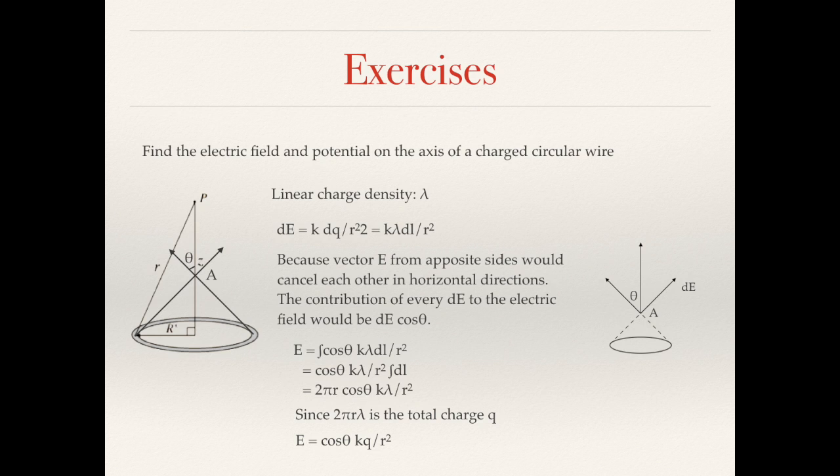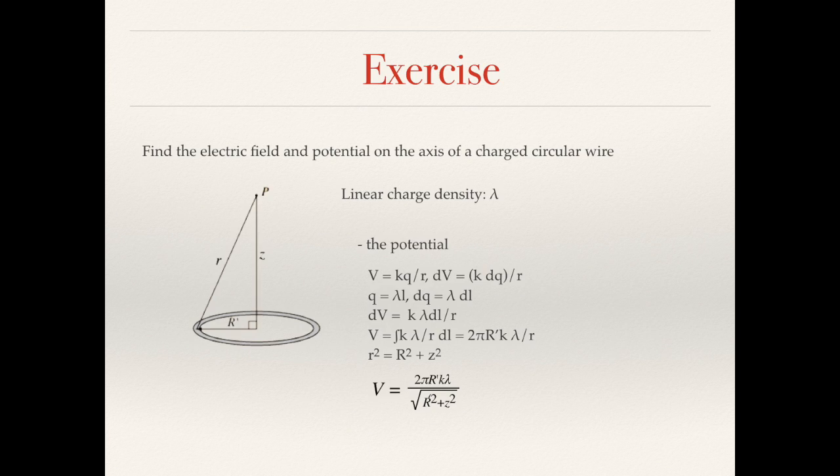So now we got 2 pi r times cosine theta k lambda over r squared. Since 2 pi r lambda is the total charge Q, we could further simplify this result to be the electric field is cosine theta kQ over r squared. The Q here is the overall charge in the wire.